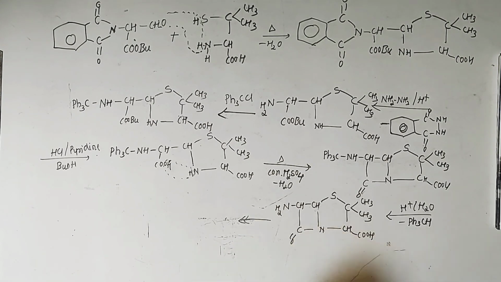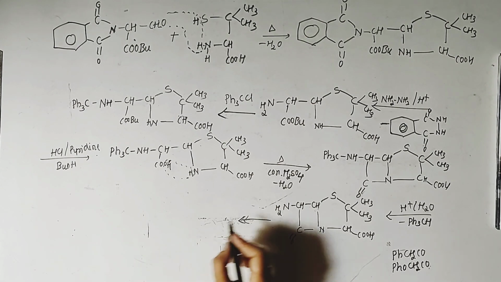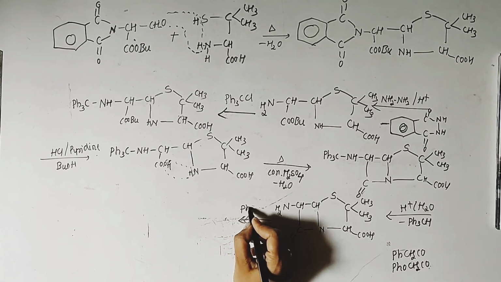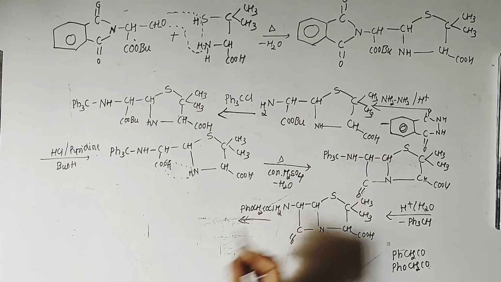So if you want to prepare the penicillin G, we can use phenyl acetyl group, that is PhCH2CO. Or if you want to synthesize penicillin V, we can use phenoxy acetyl chloride, that is PhOCH2CO. So here we are going to prepare the penicillin V. So we are going to use phenoxy acetyl chloride here, CH2COCl.